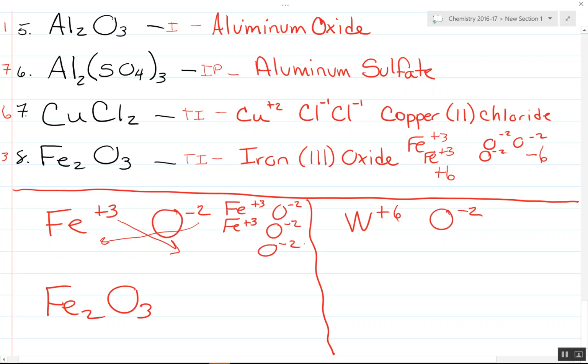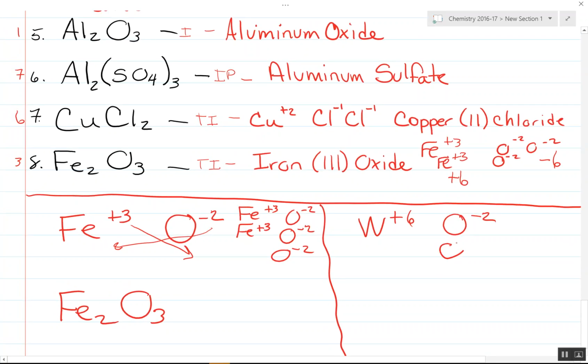Now, here's what I said, if they're both even and one of them's a 2, you want the simplest whole number ratios. So, how many O2s do we need? 3. I'm sorry. So, if I were to divide by 2, that would be 3 to 1, and you could do this. So it's WO3.